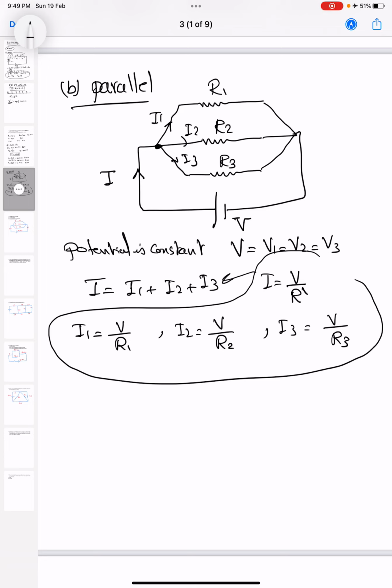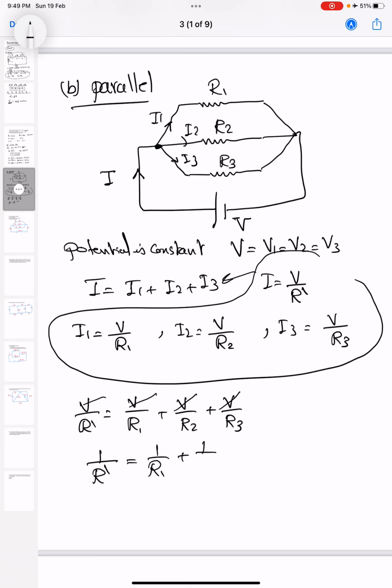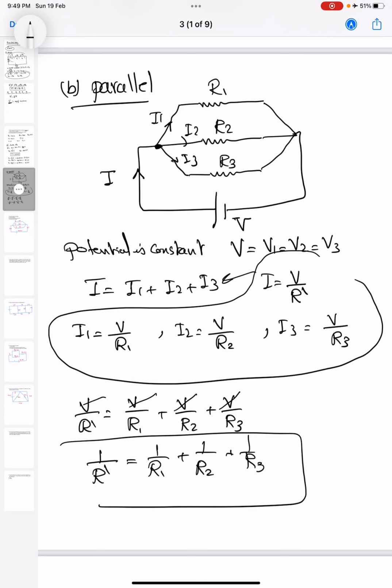So V divided by R dash equals V divided by R1 plus V divided by R2 plus V divided by R3. So 1 over R total or equivalent equals 1 over R1 plus 1 over R2 plus 1 over R3. This is the equivalent resistance.